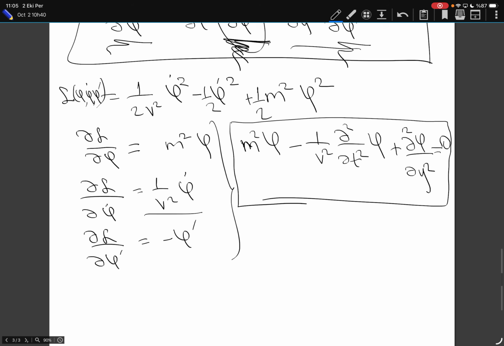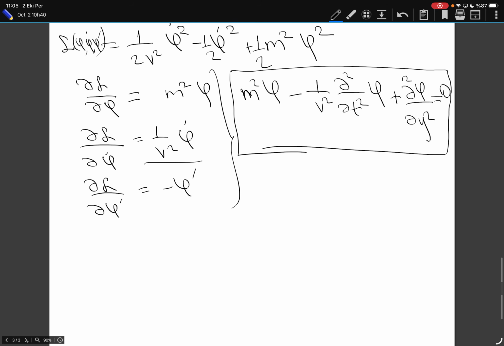Well, what about the solutions of this equation? Well, it is translationally symmetric. So I can look for solutions of the form e to the power minus i E t plus i p y, plane waves. I can look for plane wave solutions.